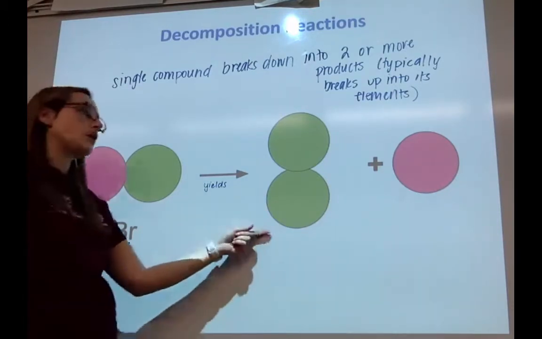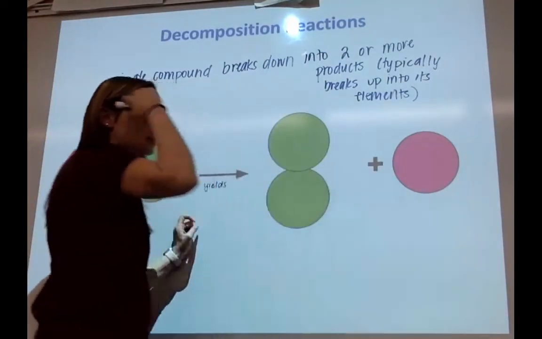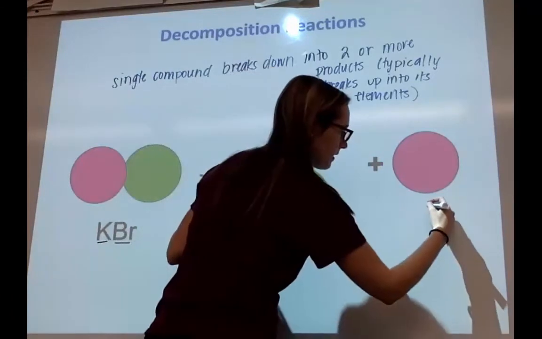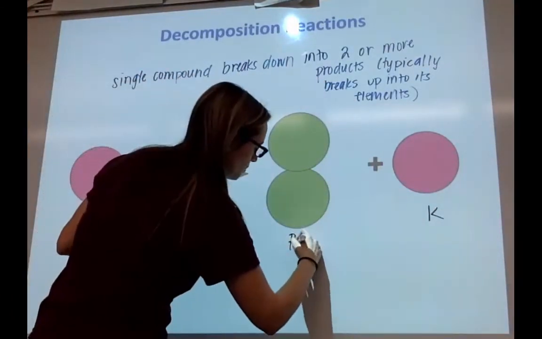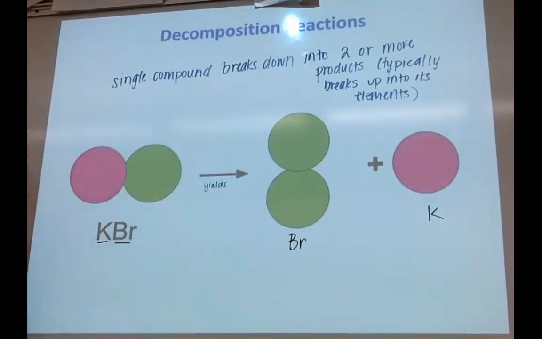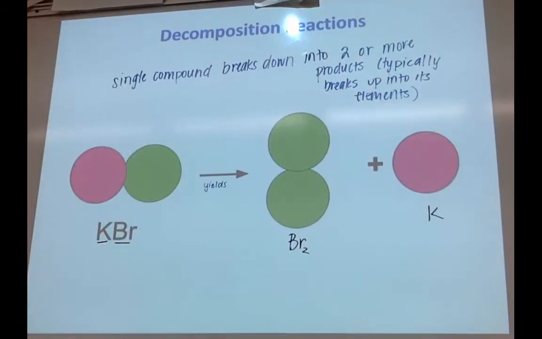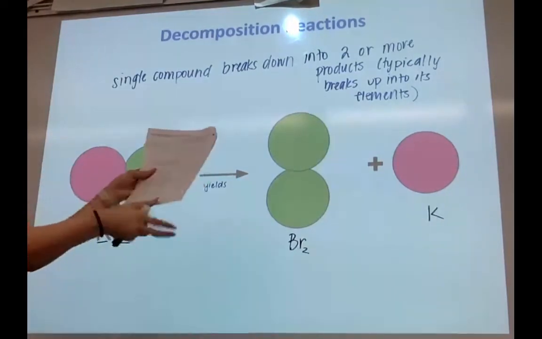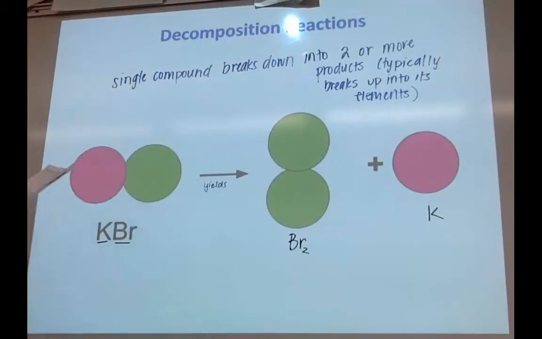Now you'll notice with this particle diagram, one of them has 2 atoms, one of them has just 1. This is K. Bromine is one of those diatomic molecules. So whenever bromine is by itself, it has to be Br2. This is not one of the examples that's in here. This is just something additional. Everyone is going to have some sort of picture like this just so you can see it.